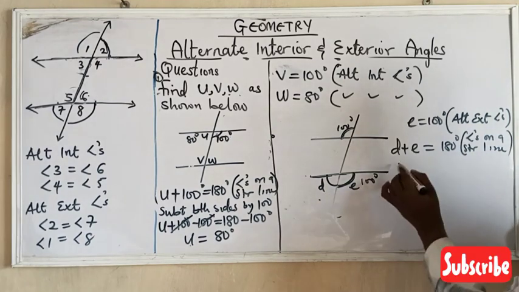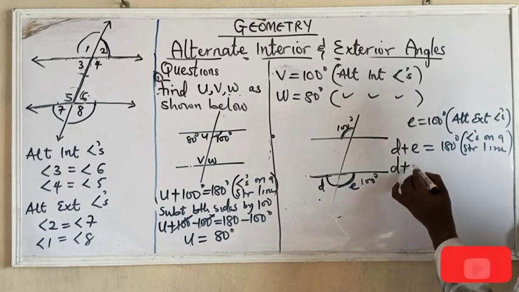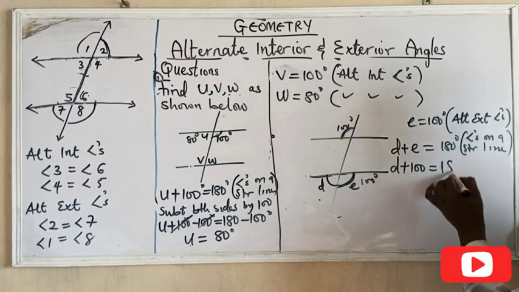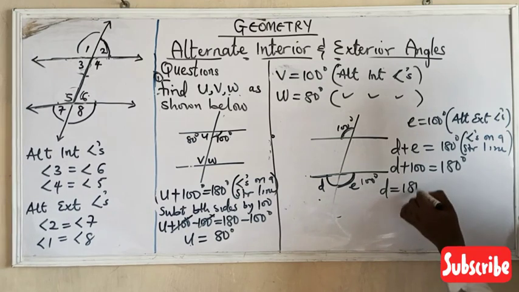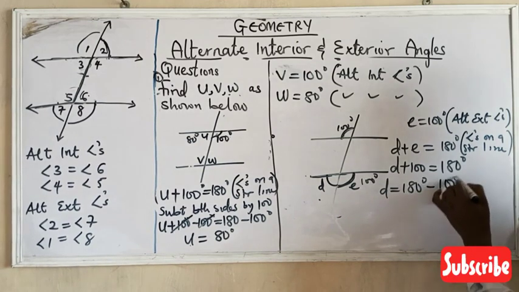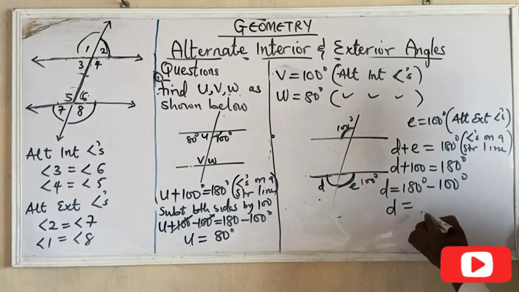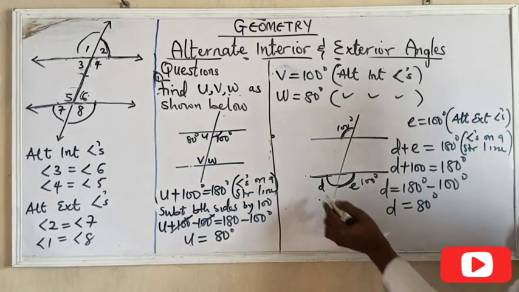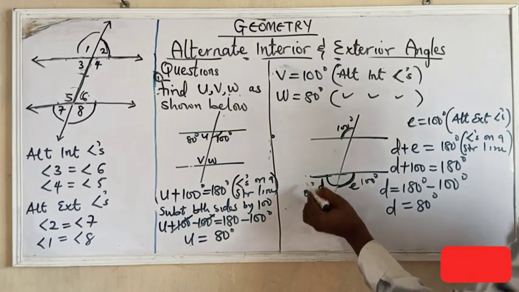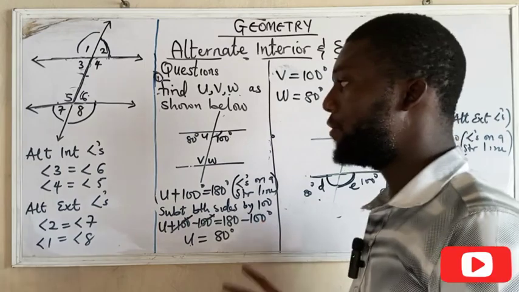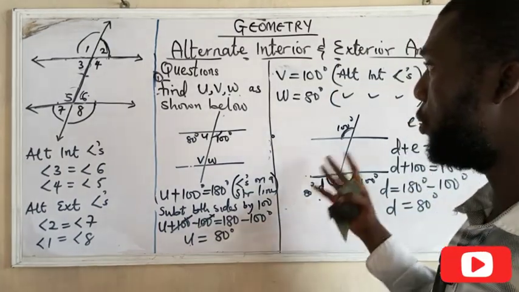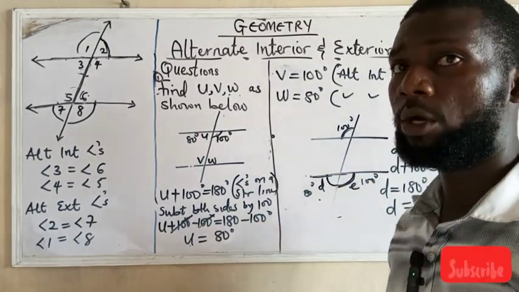Since I know my E to be 100, I can say D plus 100 equals 180 degrees. So D equals 180 degrees minus 100 degrees. And my D is what? 80 degrees. So I believe you all can understand what this is all about.